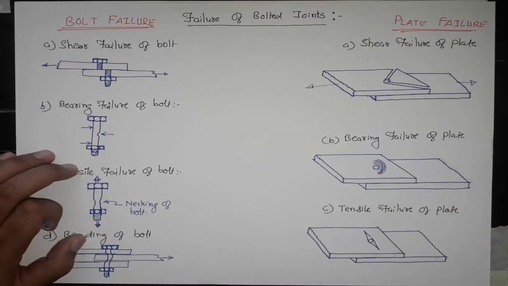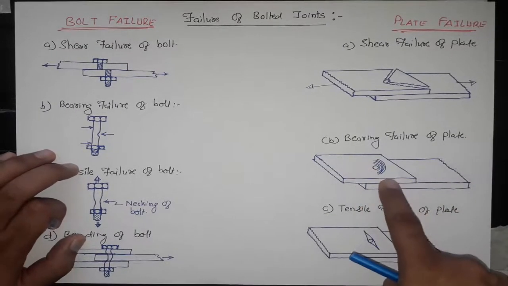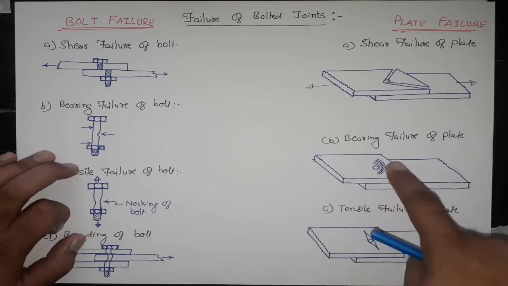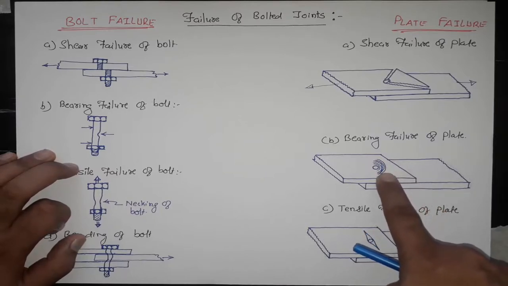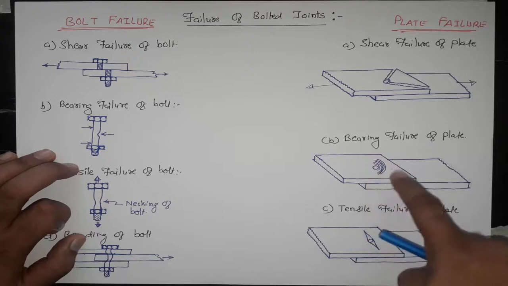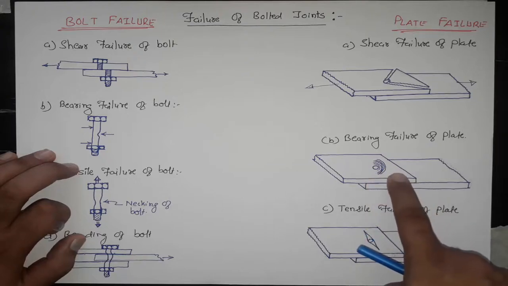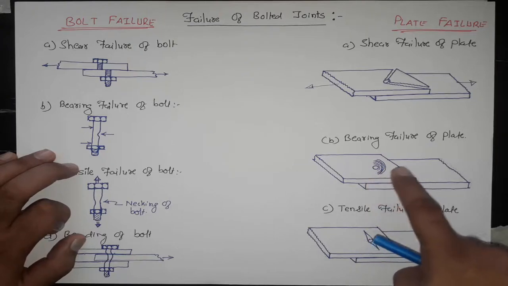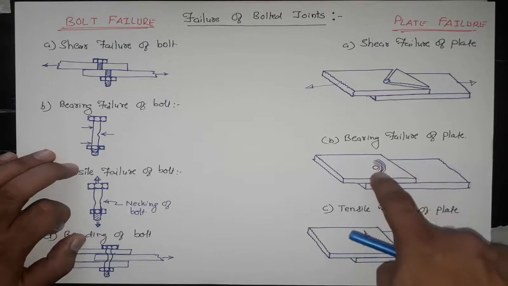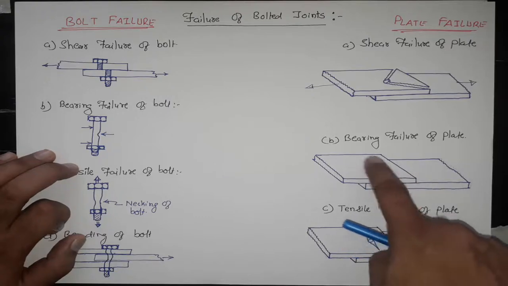This is a bearing failure of the plate. This type of failure is observed when the bolt capacity is larger than the plate capacity. It can be identified by seeing the corrugation on the plate surface.